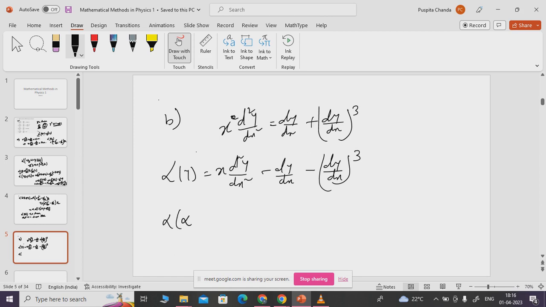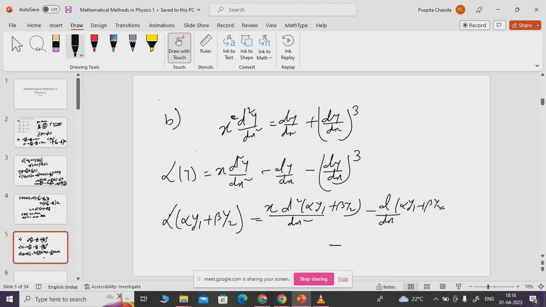So L of alpha y1 plus beta y2: y will be replaced by alpha y1 plus beta y2, minus (d/dx of alpha y1 plus beta y2) whole cube.